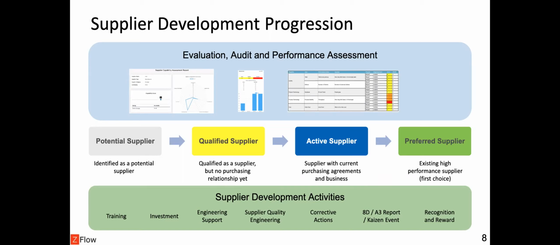So there's a capability issue as well as a performance issue. My daughter's softball coach used to say that potential is not the same as performance. So you could have a very highly capable supplier, but they may or may not perform well. So you need to really look at it from both angles, capability as well as performance for you as a customer. And you can do that using various evaluations, audits, and performance assessments, which we'll cover today.